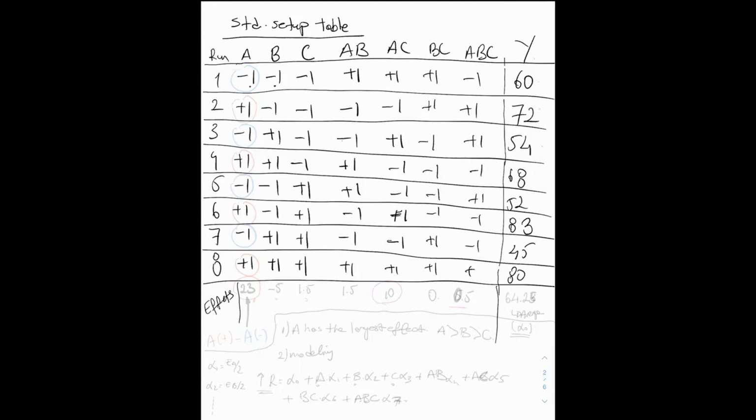Divided by 2. Okay, so I'm just going to repeat the example for what we did last week, but you can go back to our lecture and figure out how these effects are calculated. Well, let's go all the A pluses, so it will be run 2, run 4, run 6, run 8, and that will be minus run number 1, run number 3, run number 5, and run number 7.